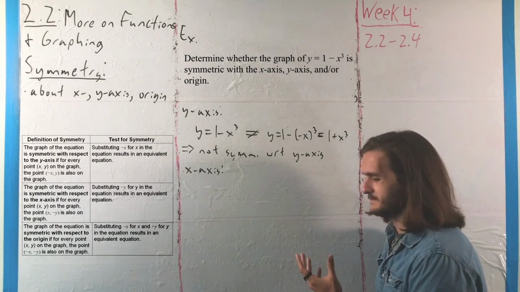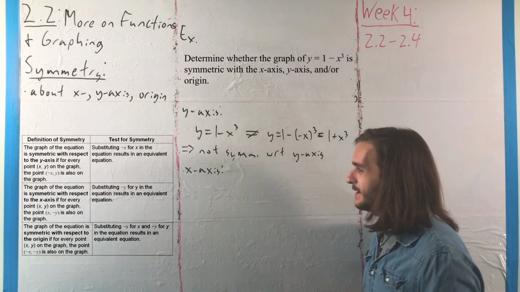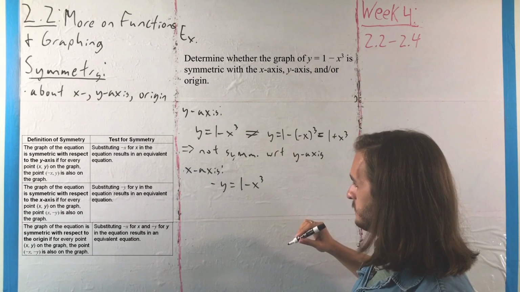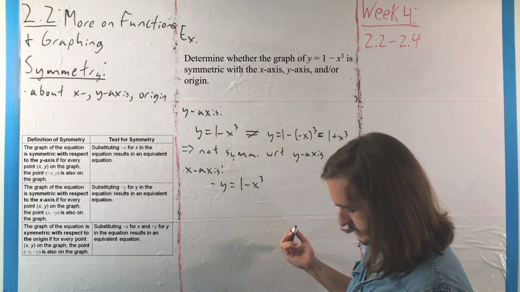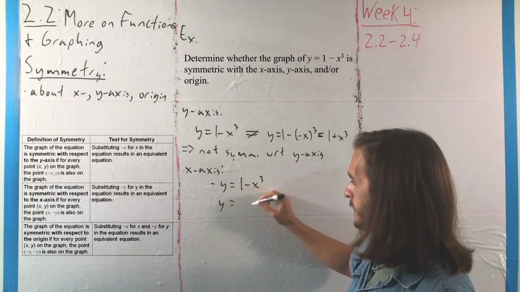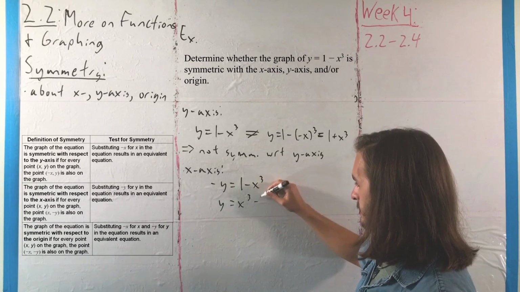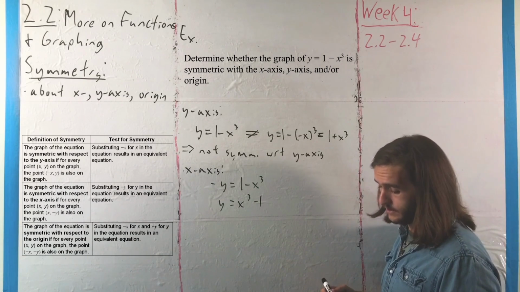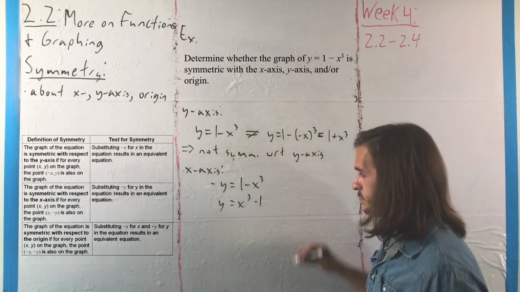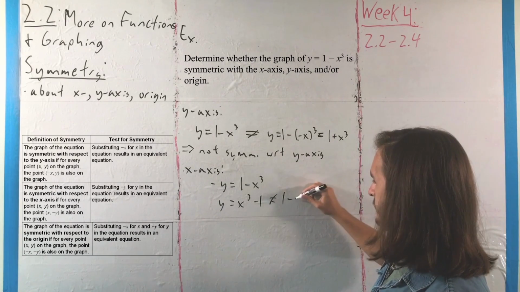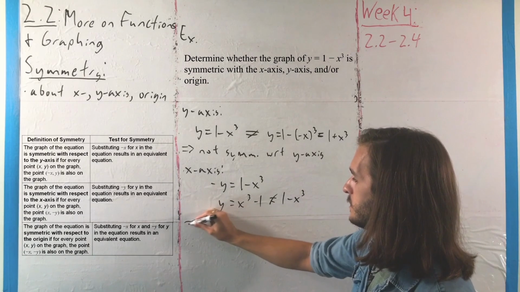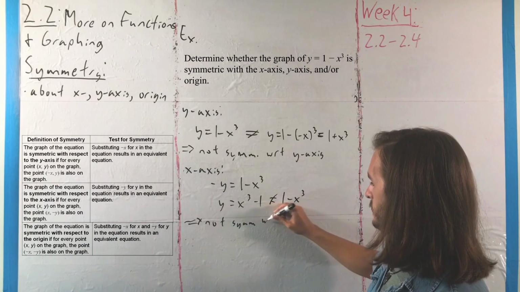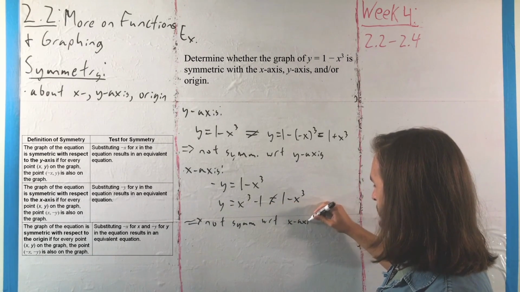Instead, we're going to throw in a negative y is equal to 1 minus x cubed, and then we're just going to factor the negative back over. y equals x cubed minus 1, which can get pretty close to the one we have at certain values for x, but in general, this is not the same as 1 minus x cubed, and so, just like before, we do not have symmetry with respect to the x-axis.